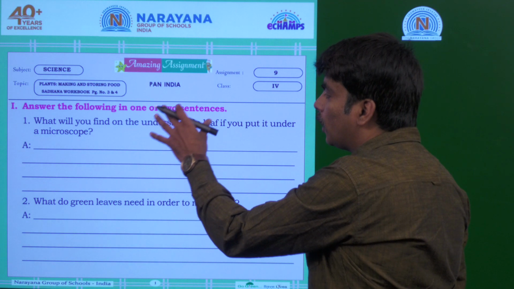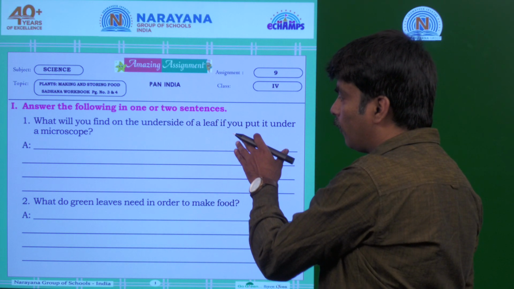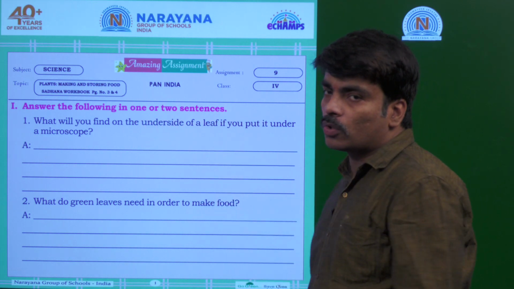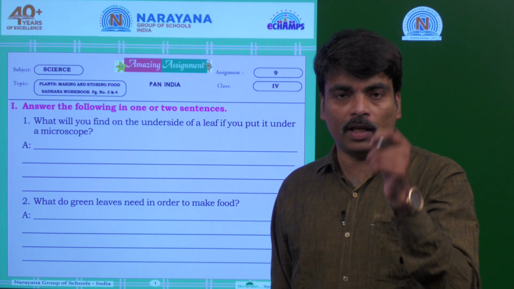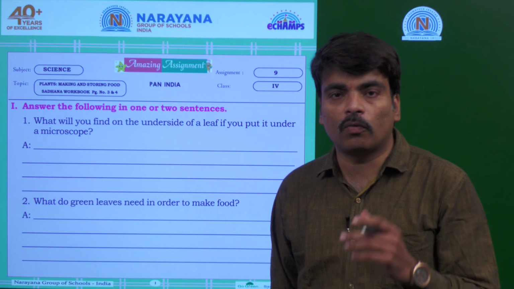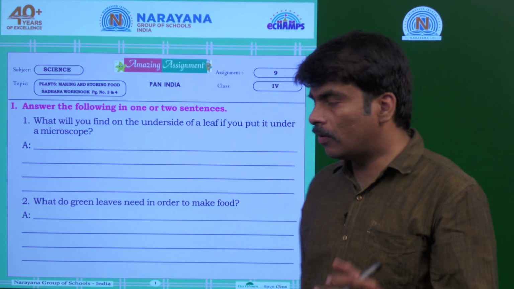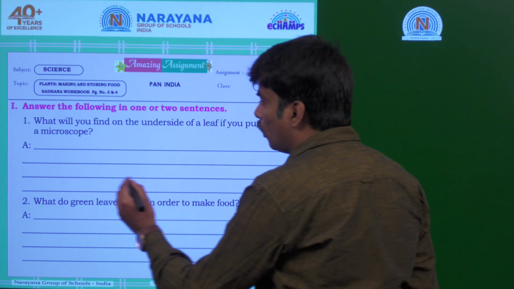What will you find on the underside of a leaf if you put it under a microscope? If you observe a leaf under a microscope, what do we find in it? We'll find it out.